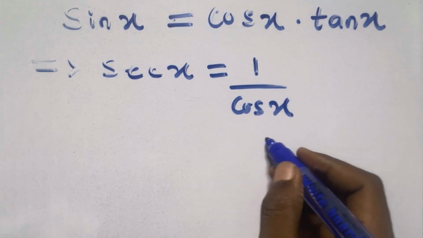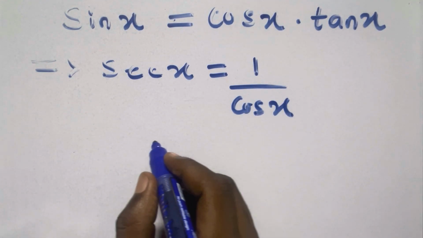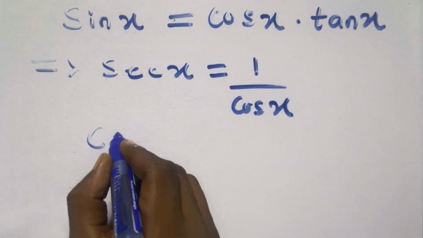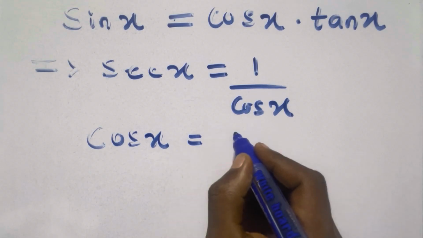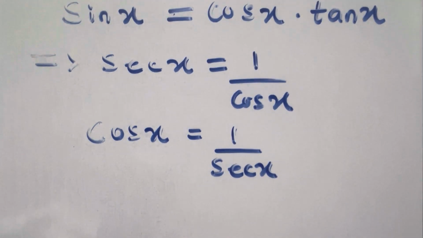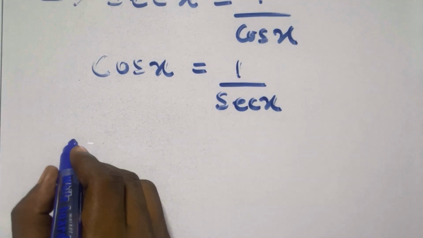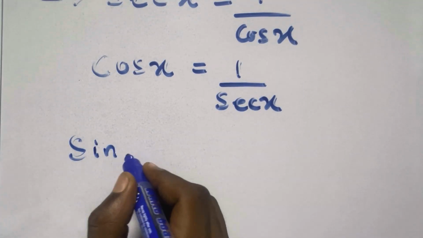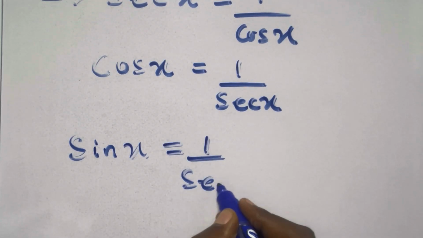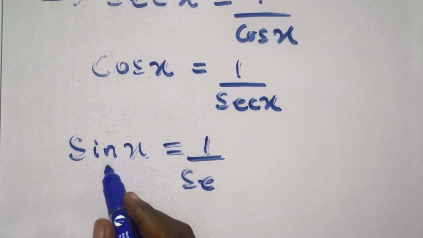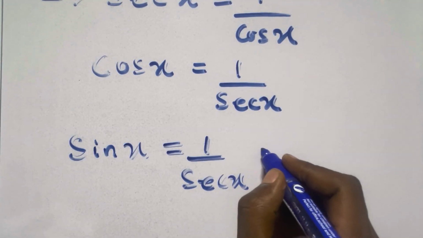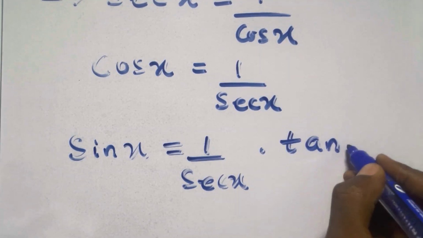All right, and now we make cos x the subject of the formula here. So our cos x will be 1 divided by sec x, right? So therefore we have our sin x to be 1 divided by sec x multiplied by tan x.